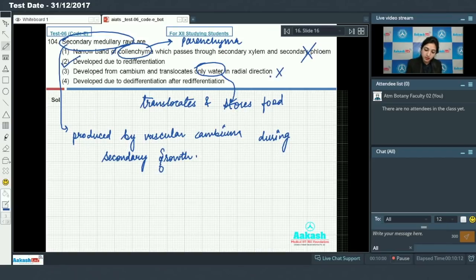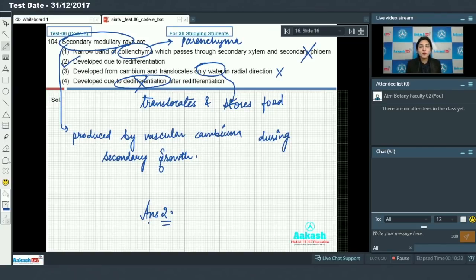So this is incorrect. They developed due to dedifferentiation after redifferentiation. No, they developed due to redifferentiation, not dedifferentiation. So this is incorrect. So by this, the answer to this question is option number 2.